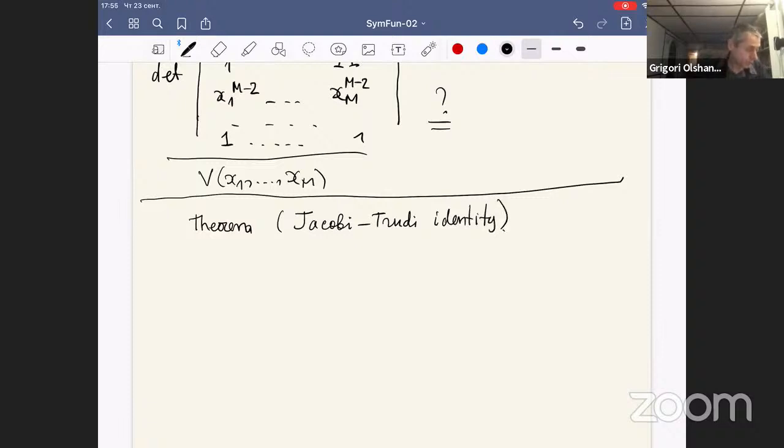It says the following. A Schur function indexed by some partition lambda can be written as a determinant expressed through the h functions.